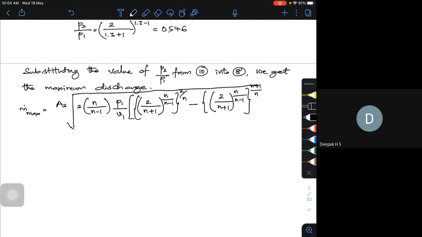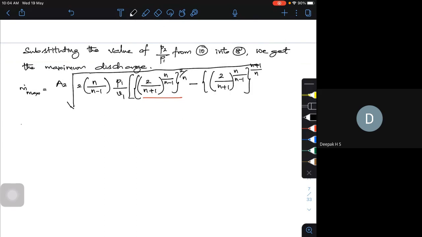So let us try to simplify this. Here the n cancels off, and this becomes the first quantity: (2/(n+1))^(2/(n-1)), because the n cancels out. Here it will become (n+1)/(n-1). That's what is going to happen.